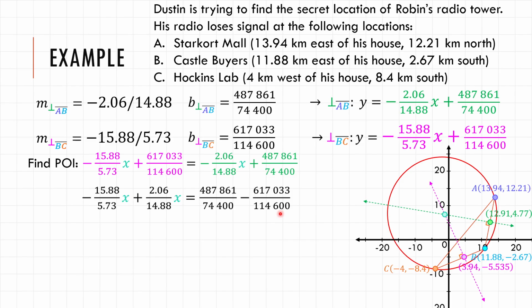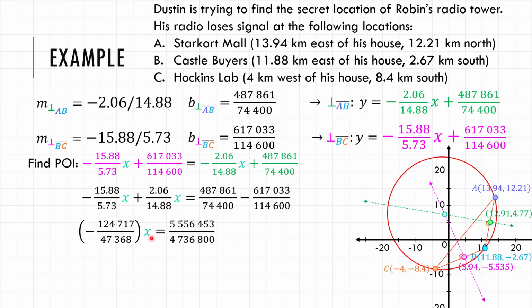Now I'm going to actually use my calculator to add these two coefficients of x together. At the same time, I'm going to actually evaluate this right side as well. And again, my calculator is the one that's able to give me this answer as an exact fraction. I'm not actually going to go ahead and do all that work myself.